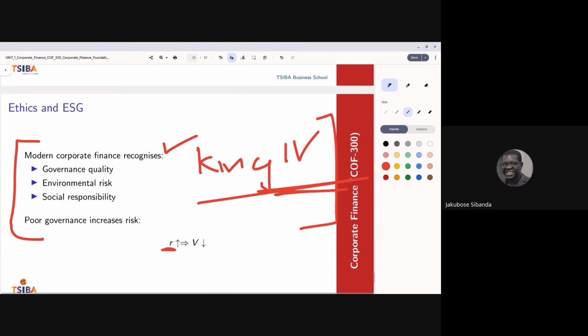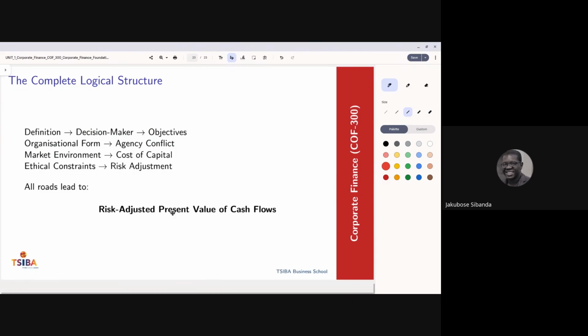Take a company, read about it, understand its governance quality, the environmental risks that it's facing, and its social responsibility. Each and every company does have risks, at different levels, and they're exposed to them differently as well.